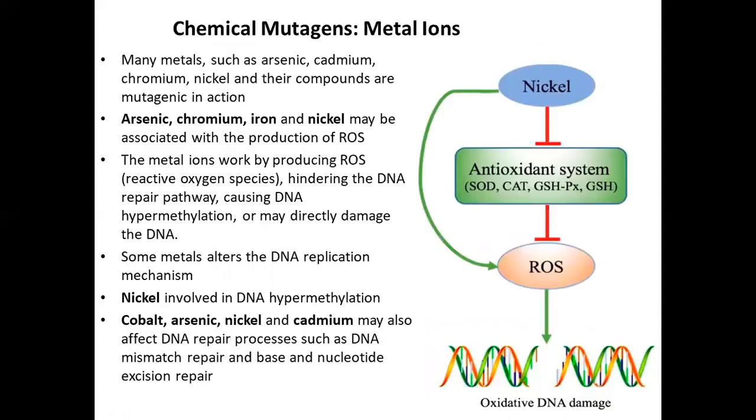And then we have chemical mutagens, metal ions. We have different metals such as arsenic, cadmium, chromium, nickel, and also their compounds, which are mutagenic as well. These ions may be associated with the production of reactive oxygen species, which hinder the DNA repair pathway.